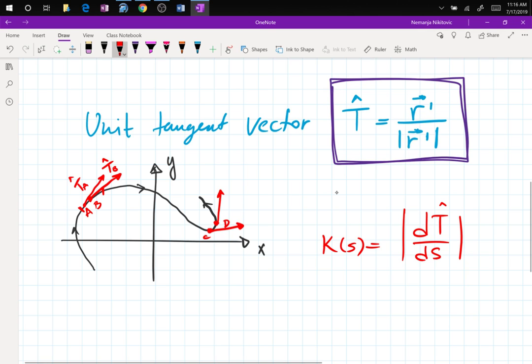Now, I hope it's clear what curvature measures. It's just a number that you attach to a curve. The bigger the number is, the faster it turns. The lower the number is, the less it turns, which should make sense. And if you know this, you should be able to answer: what is the curvature of a straight line? The less it curves, the smaller the number.